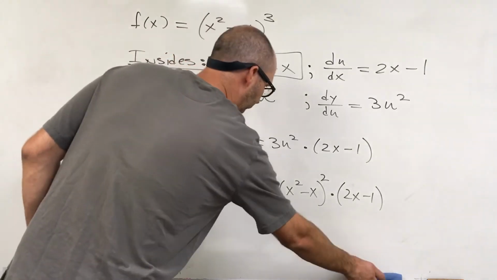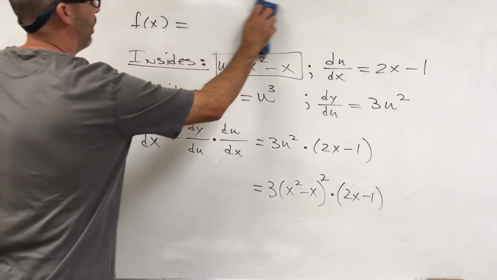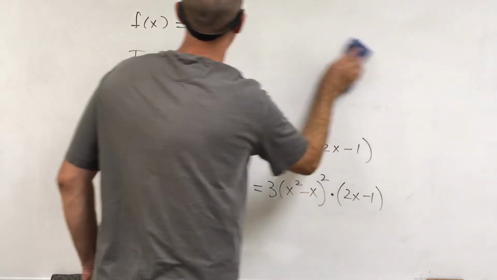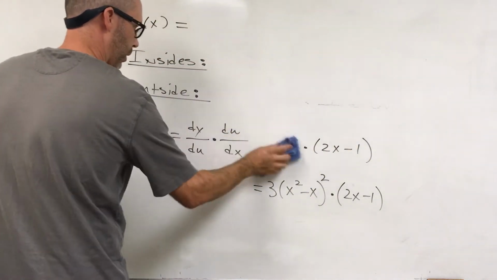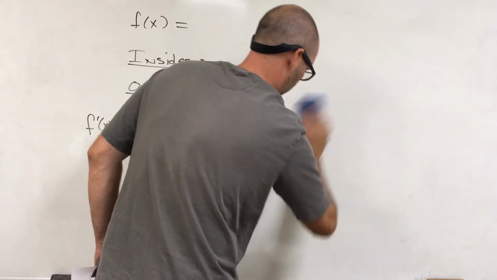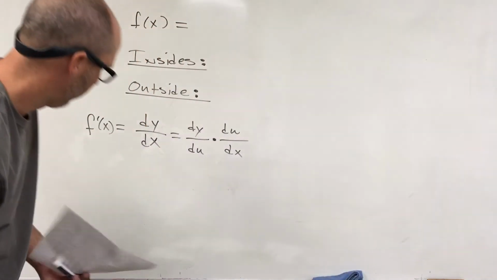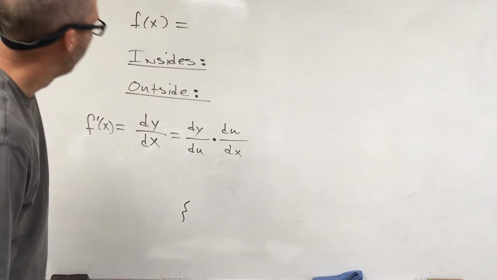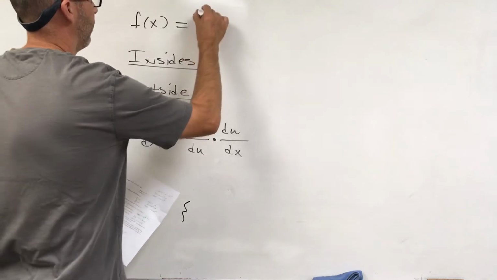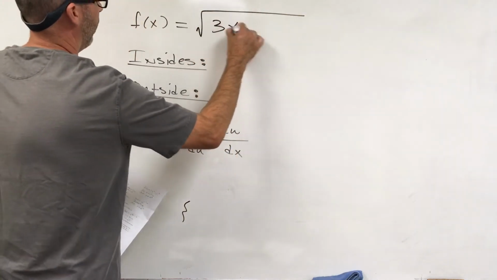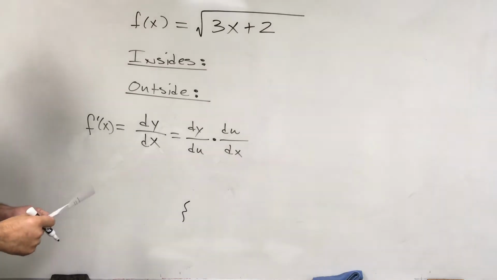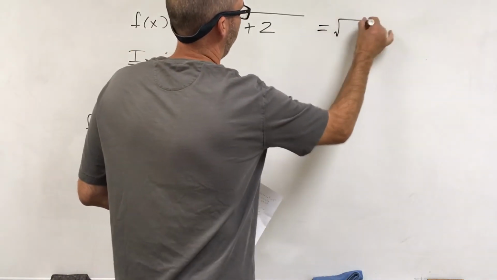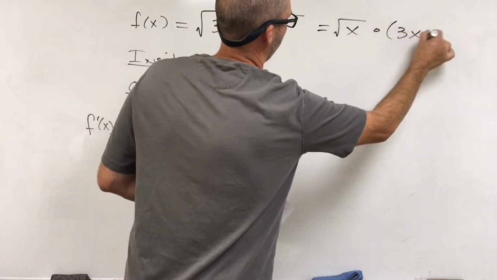All right, let's look at a new one. Okay, so let's say f of x is now root 3x plus 2. All right, again, this is the composition of root x and 3x plus 2.